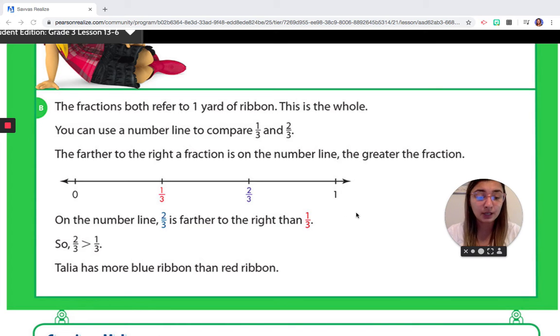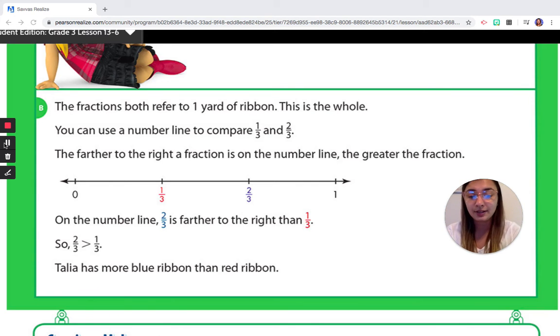So we're going to be using our greater than, less than, or equal to signs for this lesson. So you can see here on the number line, 2/3 is farther to the right than 1/3. So 2/3 is closer to the whole. So 2/3 is greater than 1/3. So Talia has more blue ribbon than red ribbon.